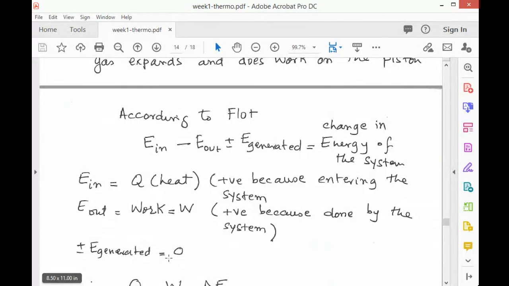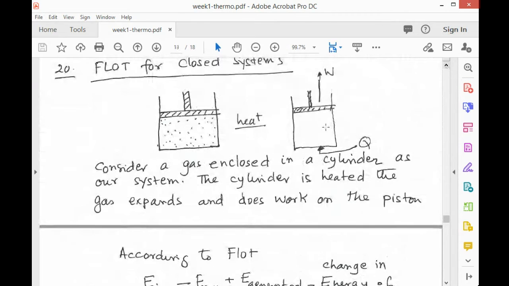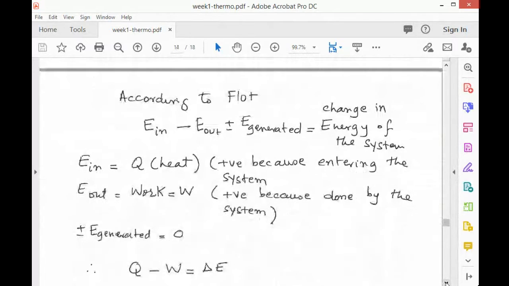Energy generated is zero because there is no reaction here. If it were an exothermic reaction, you would have heat generated. There is also no heating coil, so we have no energy generation. So we write energy in minus energy out equal to the change in the energy of the system.